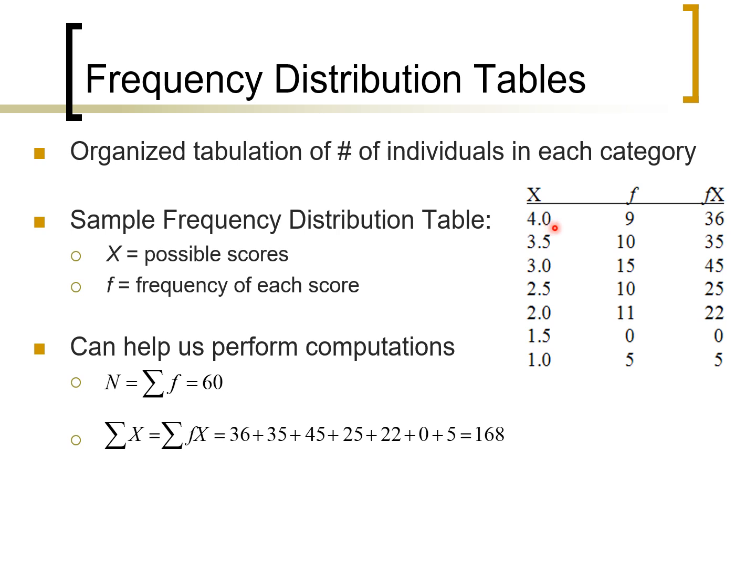So let's say these are GPAs. If we added all the GPAs of 4 together, this is our total GPA. It's not an average yet, we're just adding them up. You can see we take our fX column and then sigma that, and you can see our total X equals this value.